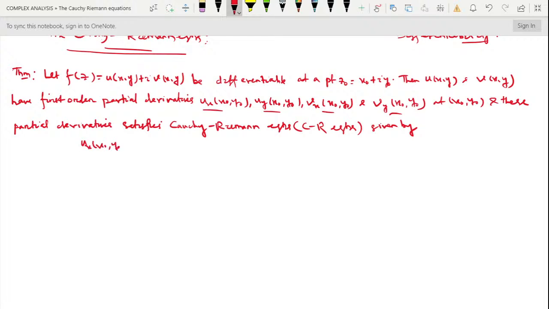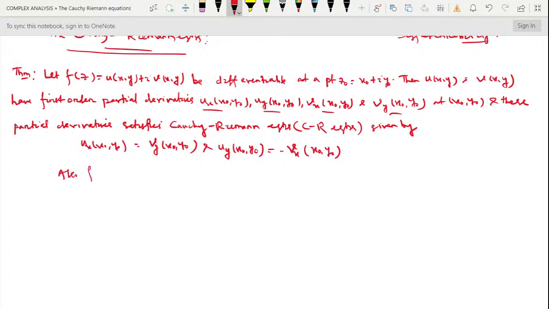u_x at x naught y naught is equal to v_y at x naught y naught, and u_y at x naught y naught is equal to minus v_x at x naught y naught.